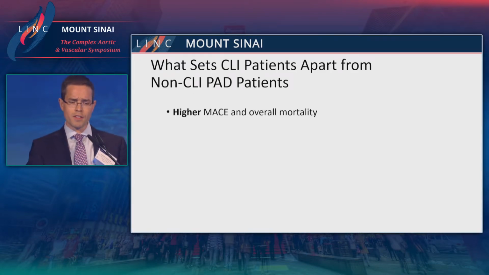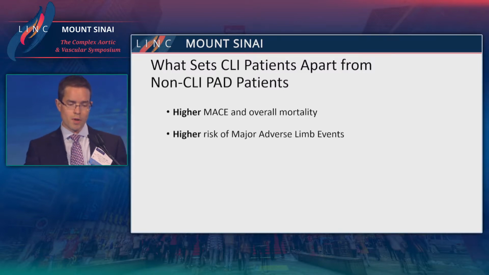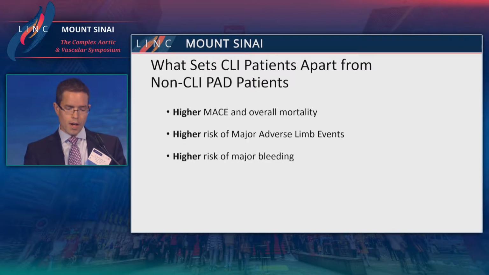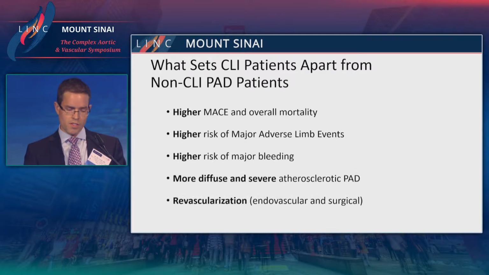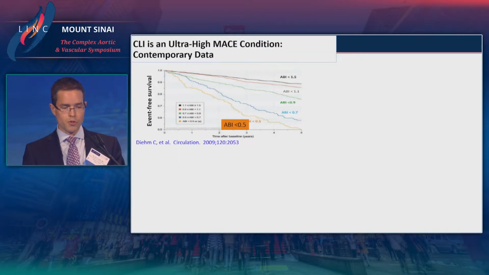But there are a few things that really distinguish CLI from non-CLI PAD patients. Number one, they definitely have a higher cardiovascular risk, higher risk of limb loss, higher risk of bleeding based on comorbidities, age, renal disease, et cetera. And they tend to have more severe and diffuse vascular diseases. And as I mentioned, they often undergo revascularization procedures.